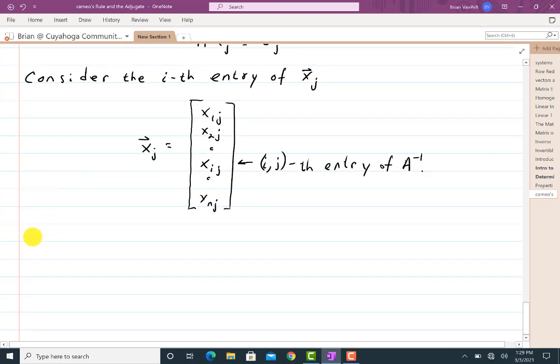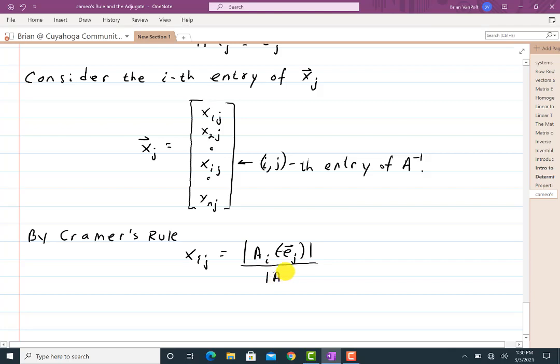Now we use Cramer's rule. So that ith item is equal to the determinant of A sub I E j divided by the determinant of A. Probably I should remind you, solving A x sub j equal to E sub j.